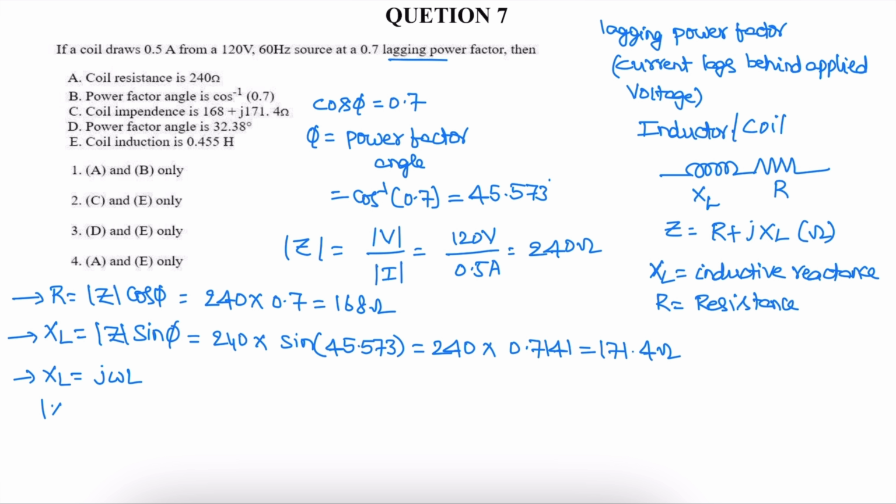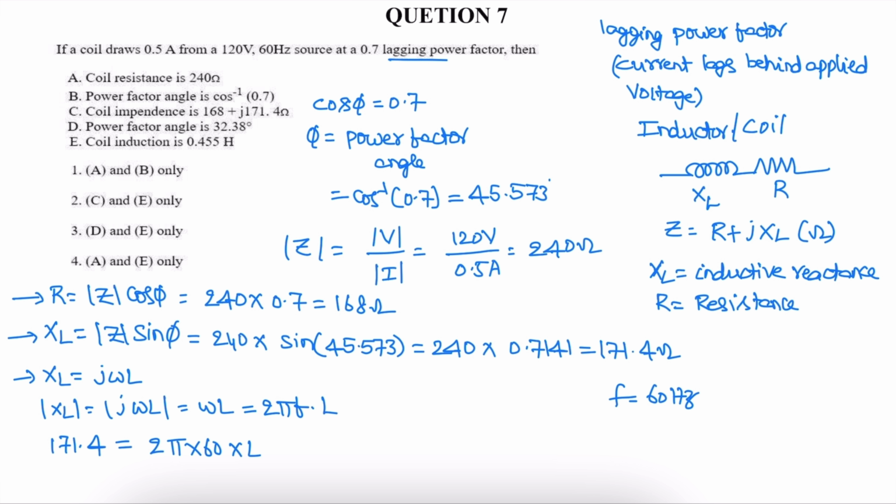Now XL value 171.4 is equal to 2 pi f, frequency 60, into L. Now inductor L value is 171.4 by 120 pi. Inductance L is 0.4509.